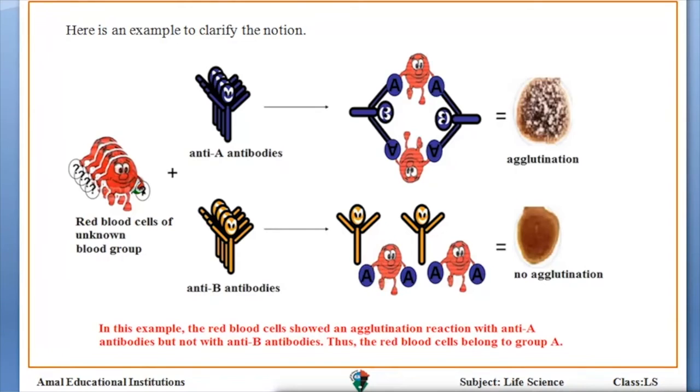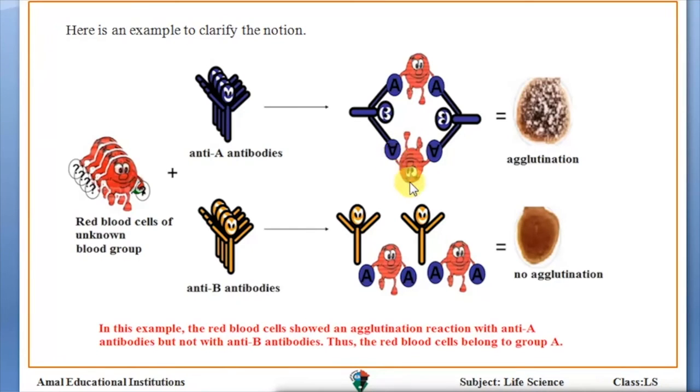In contrast to the case here, where a binding had happened between the anti-A antibodies and the red blood cell, this binding will signify that the red blood cell has antigen A, which is complementary to the anti-A antibodies.